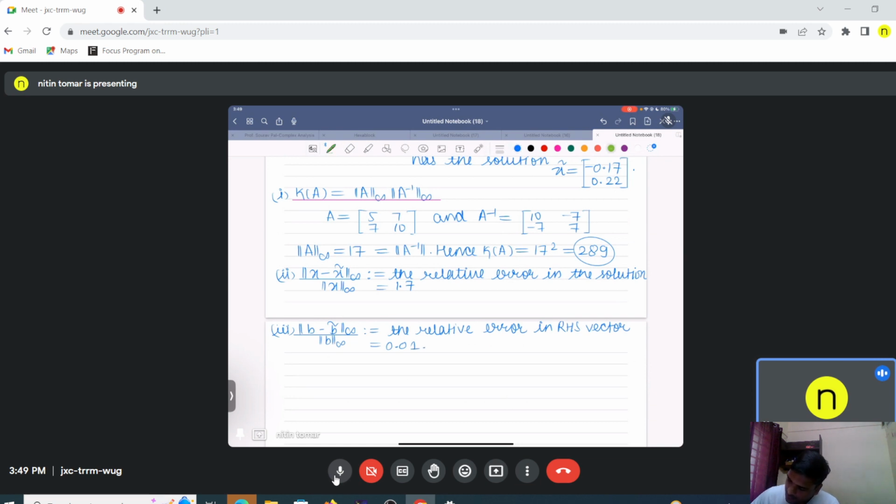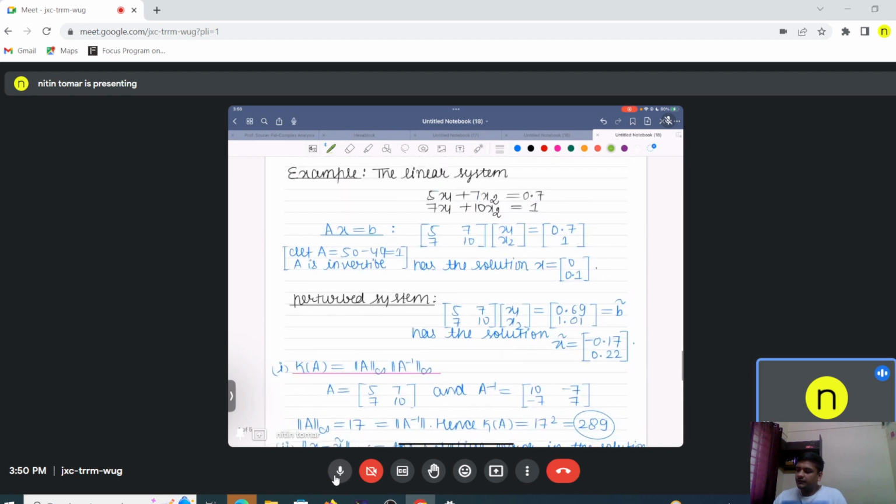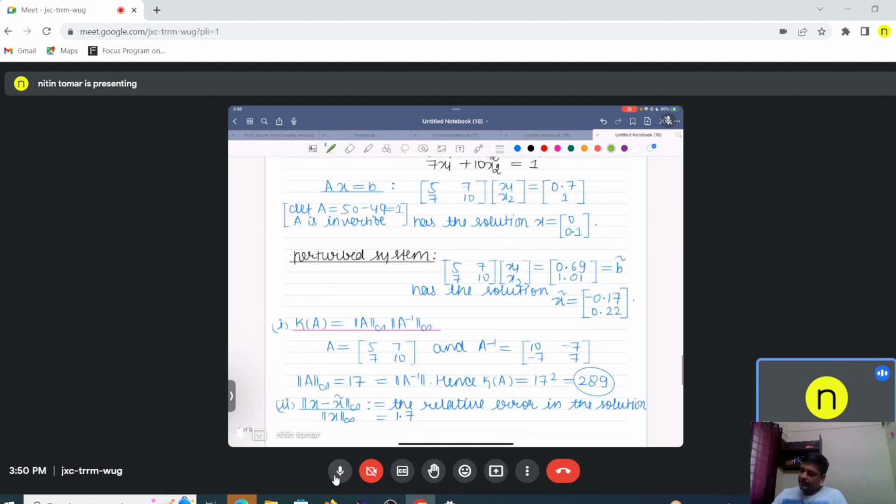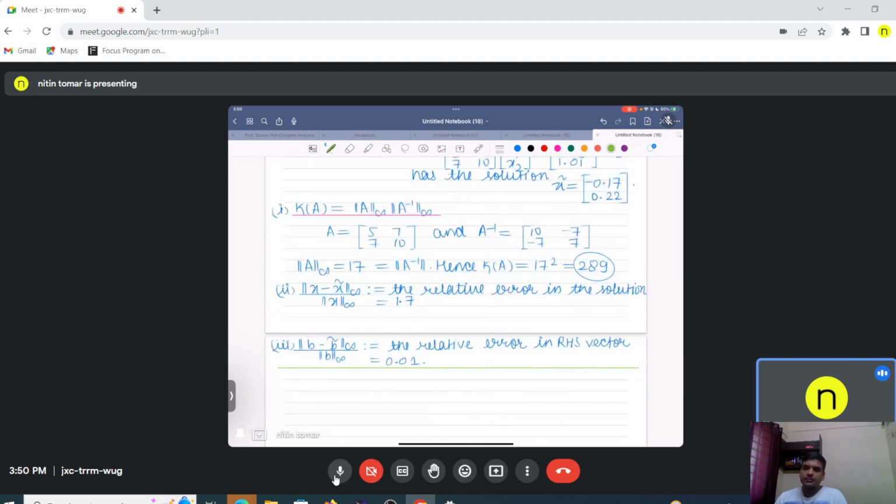So let us predict what is happening here, because part of numerical analysis is to learn how to predict the data. See, you perturbed this b tilde. You had some b, 0.7 comma 1, and you changed this b to 0.69 and 1.01. So the relative error turns out to be 0.01, which is very small.